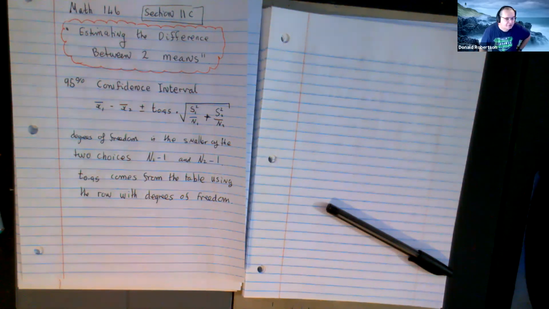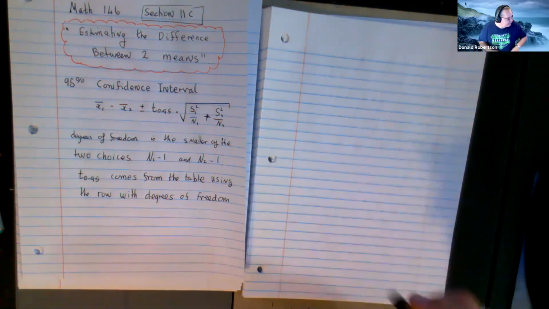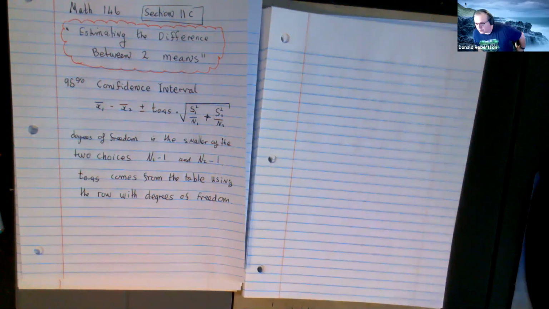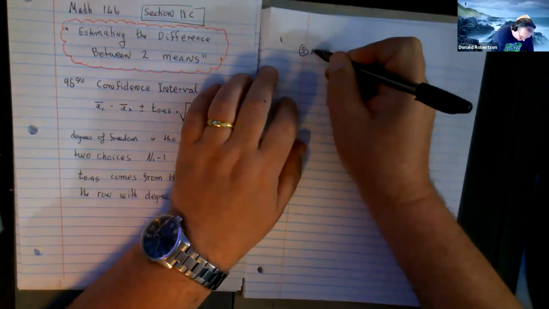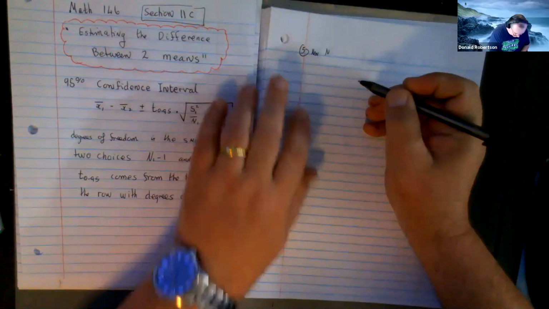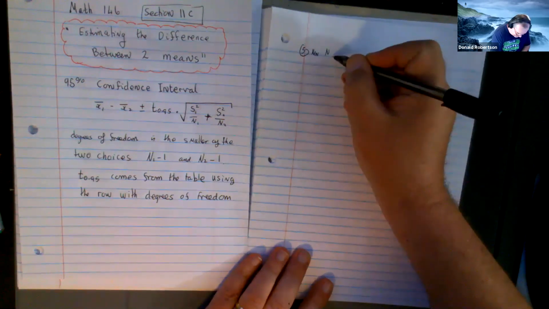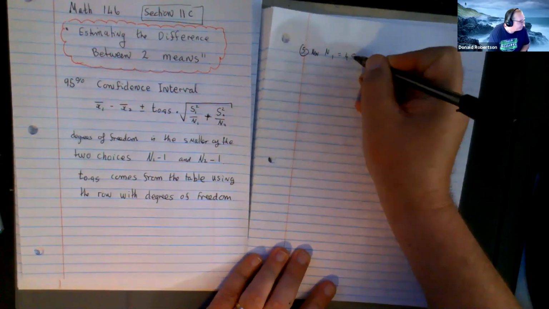Okay, let's do a sexist one. Did you know that men's heads are bigger than women's heads? Allegedly. This is question 5. They collected a random sample of men, self-identified men, and there were 45 in that sample.